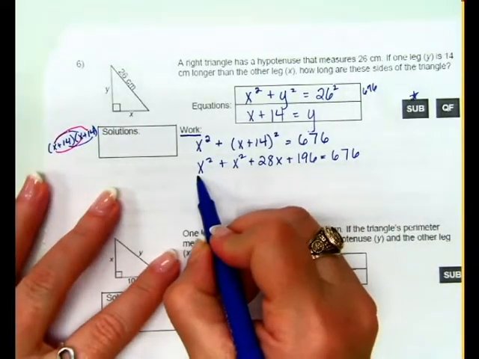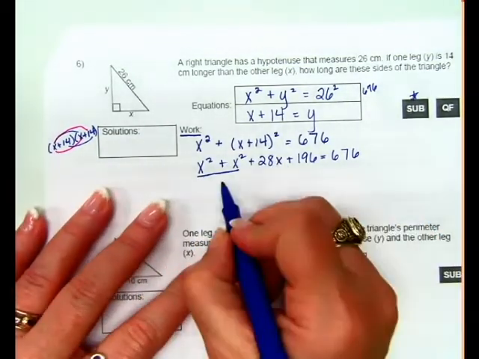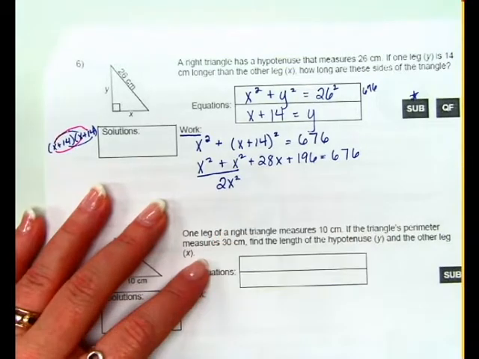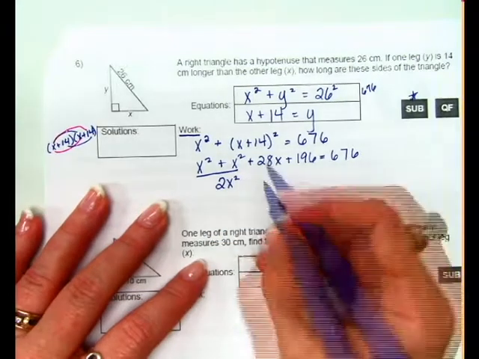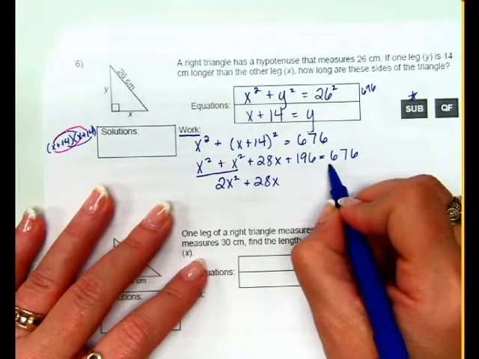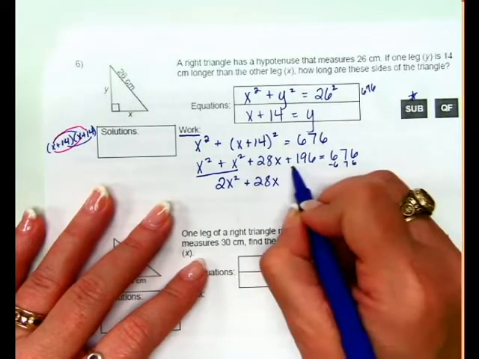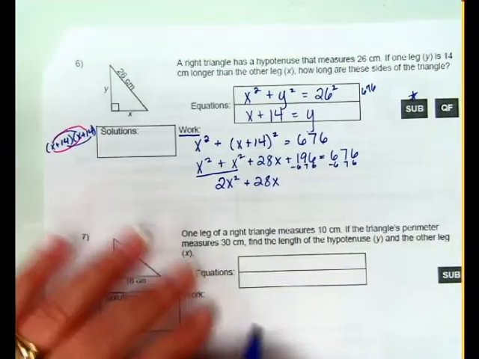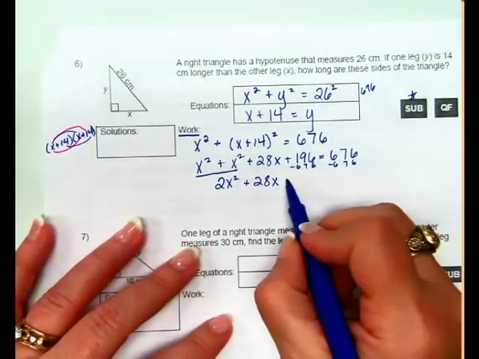Okay, the only two terms I can combine are those two right there, right? But I know it's a quadratic, so what else do I want to do? How about subtract this one? Why do I want to subtract that one? Very good.